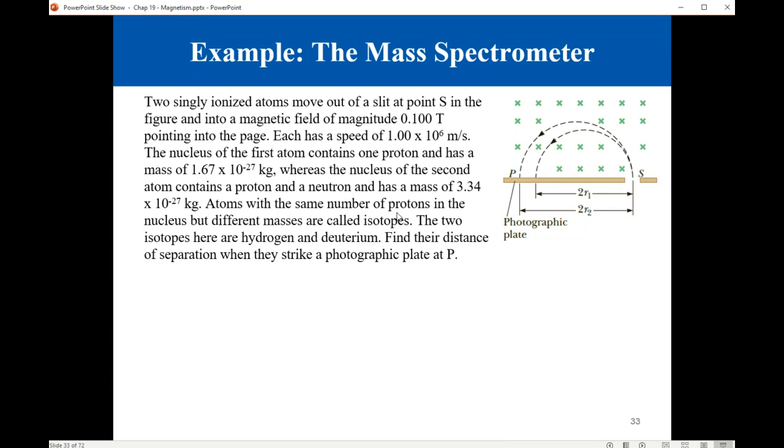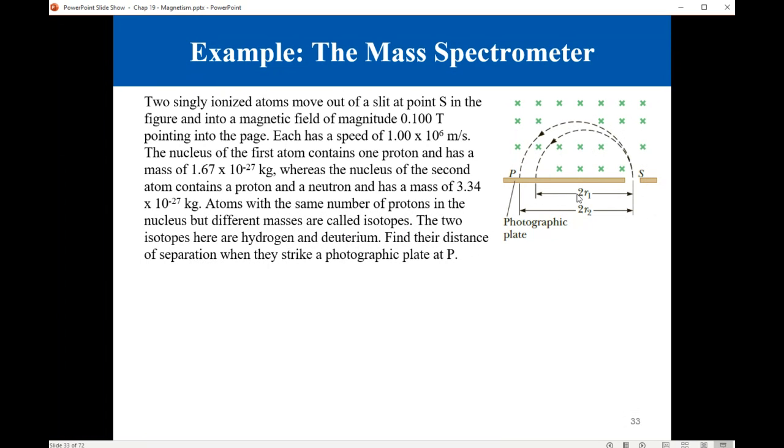Atoms with the same number of protons in the nucleus but different masses are called isotopes. This is what we know from chemistry and physics. The two isotopes here are hydrogen and deuterium. Find their distance of separation when they strike a photographic plate. So here we have a photographic plate. The two ions enter into this field, and because of the magnetic force, the trajectory will follow these circular paths.